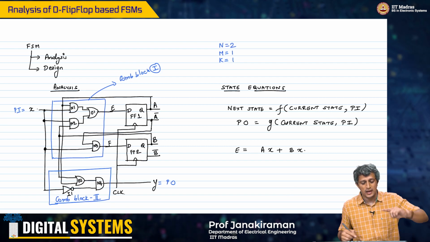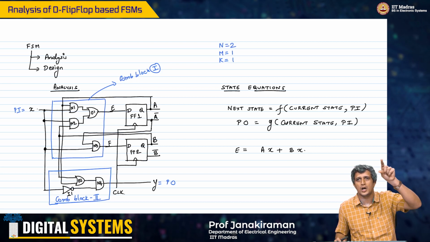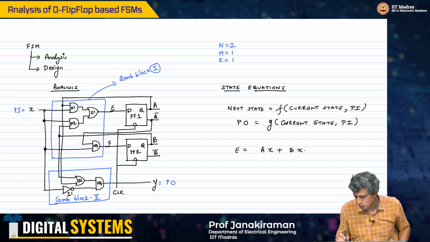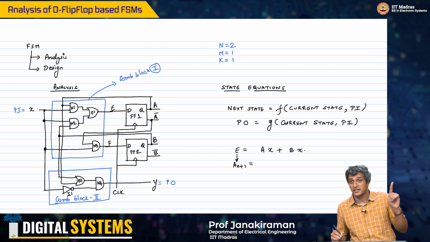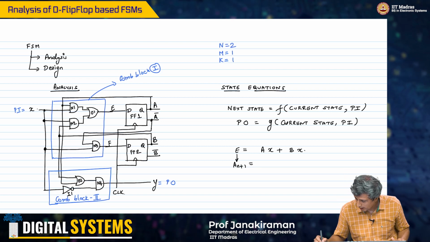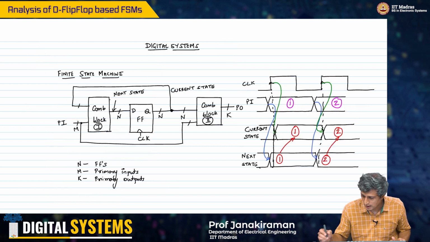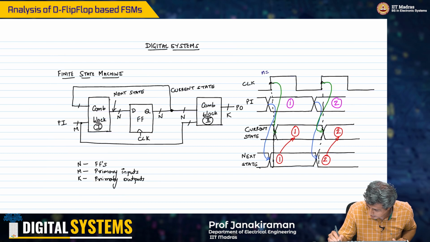Clearly, E is just the next state for the flip-flop whose output is A. So I will replace this with A n plus 1, where n represents the time index, the clock edge. Remember when I say n plus 1, I mean this one here, n equal to 1, n equal to 2 and so on.